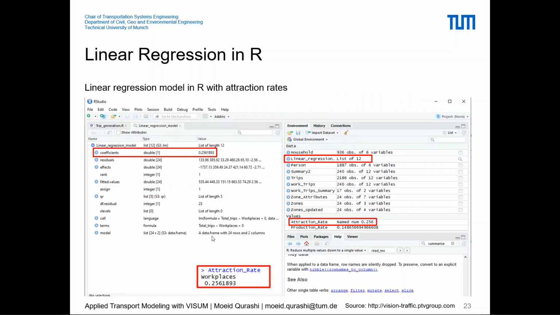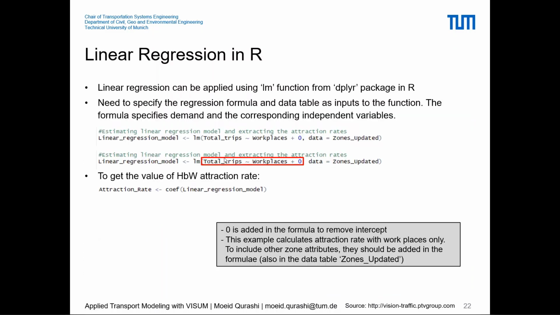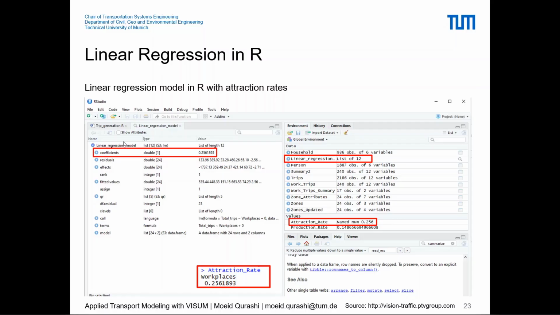So let's go to R. This is the visualization in the slides to see the regression. We ran the same regression model as we described, and this is the coefficient. When you run this line, you will have the linear regression model, which has all the coefficients.